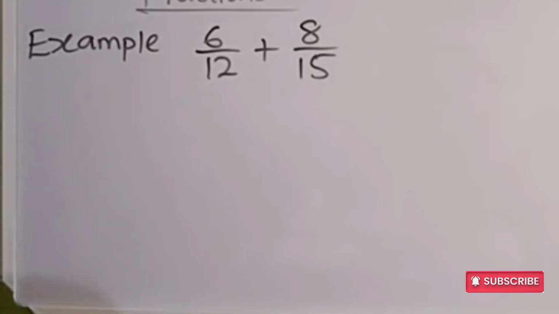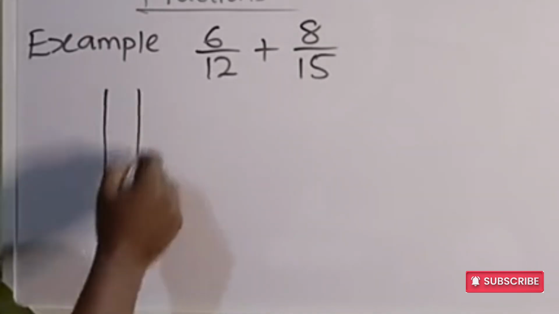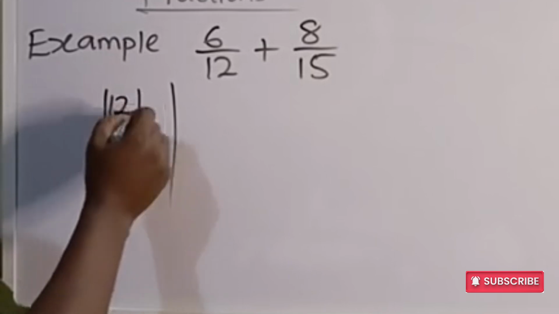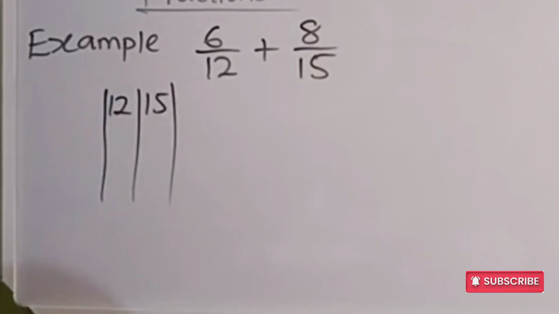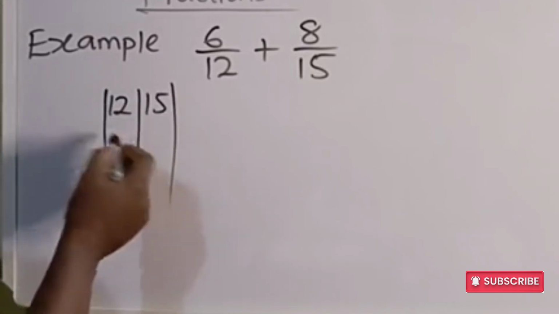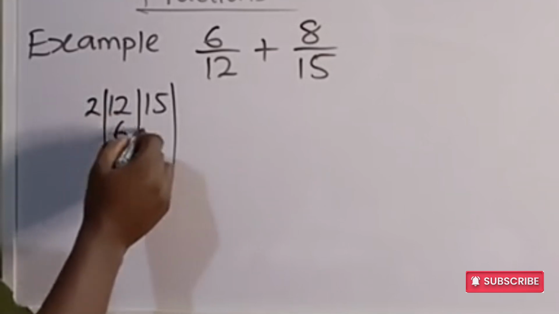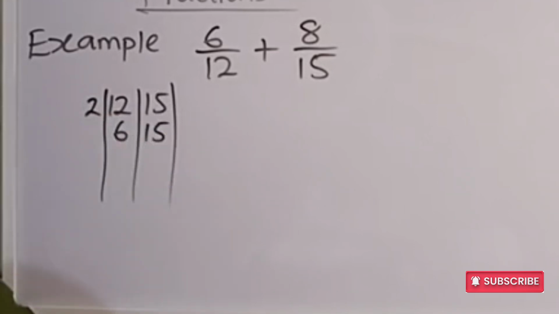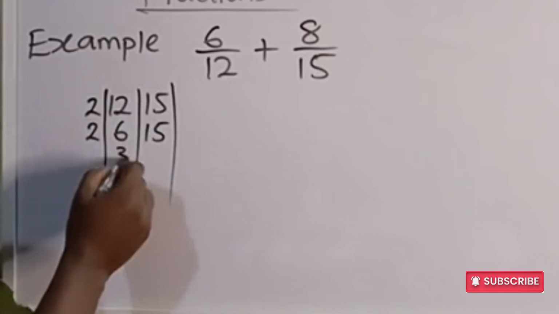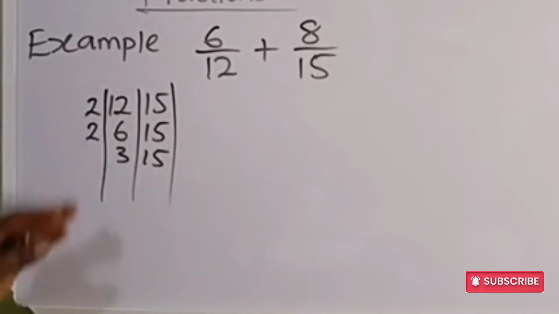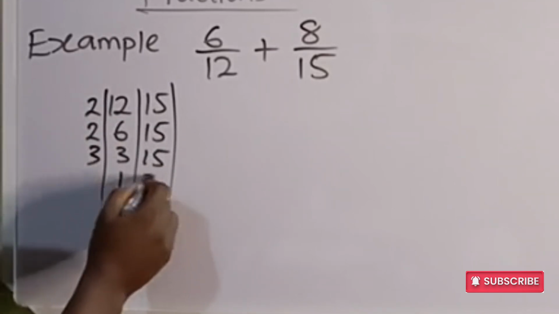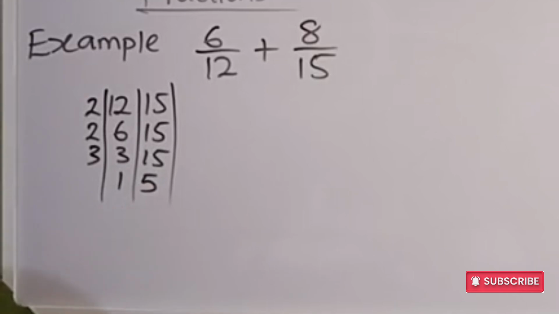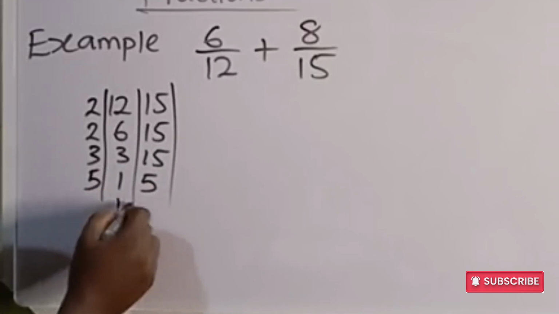So let's look at the LCM. So 12 and 15. Okay. So what can we use? We can use 2. We have 6 and 15. We use 2 again. We have 3 and 15. At this point, we can no longer use 2, so we use 3. 1 and 5, and then we use 5. 1, and 1.